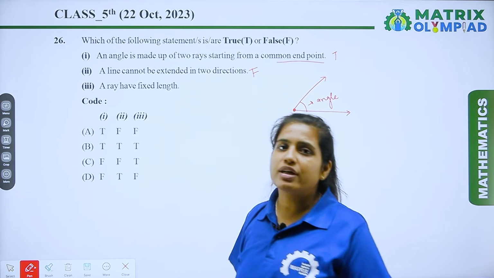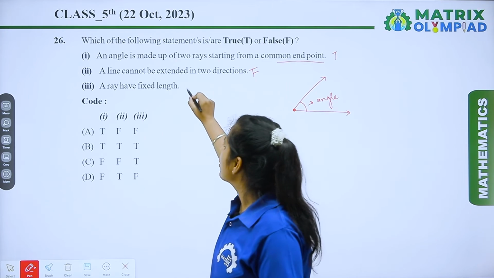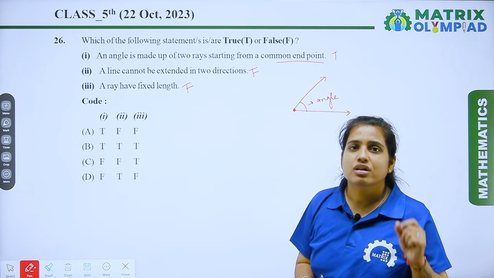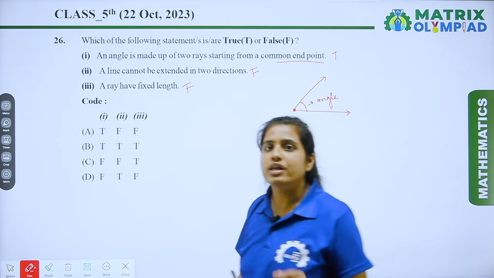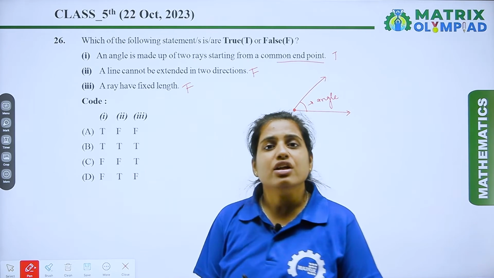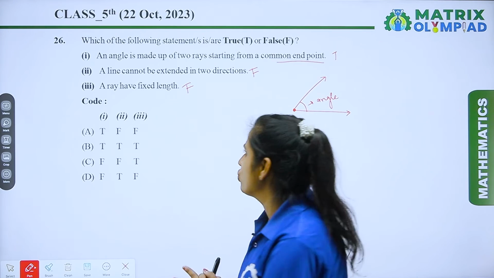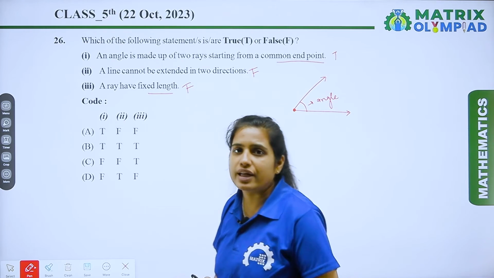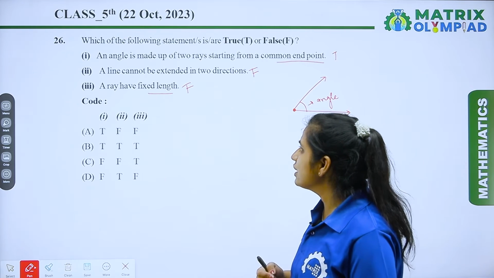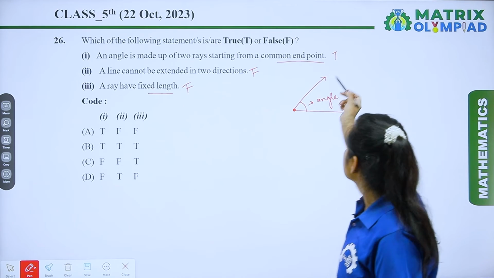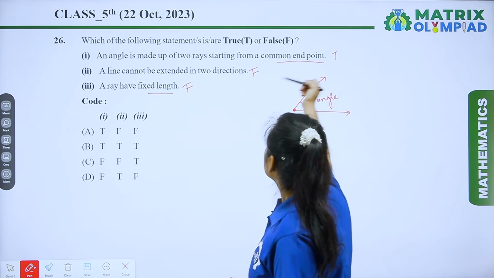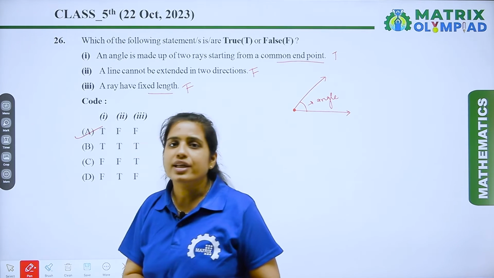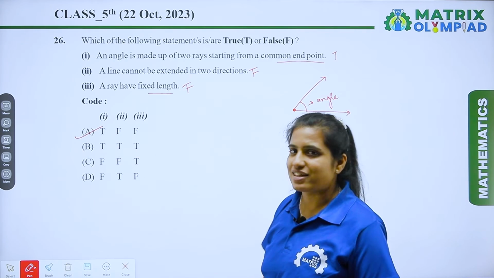This statement is also false because a ray starts with a point, or we can say an end point, and it extends infinitely in one direction. So length is not fixed for the ray. So the third statement is false. Here the sequence is true, false, false. So option A is the correct answer.